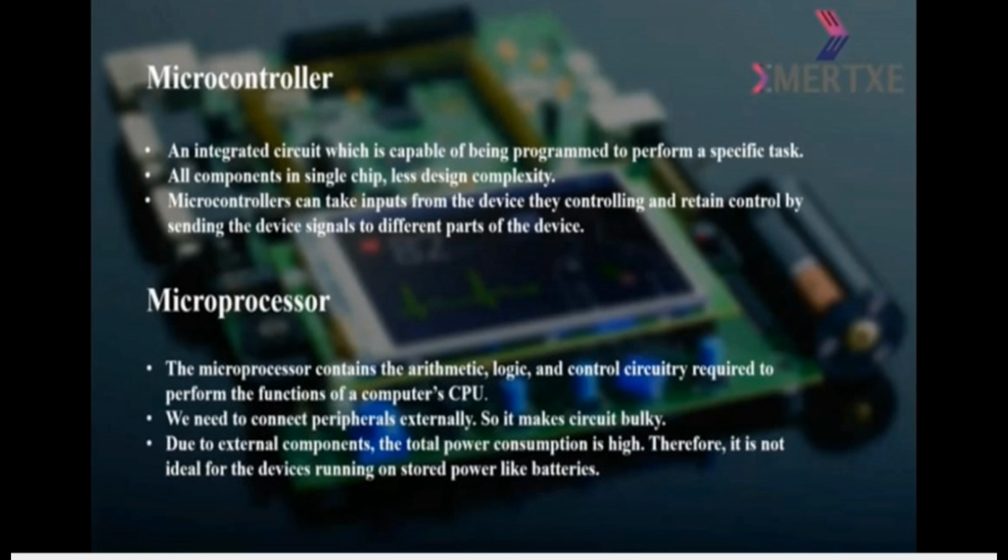All components are in a single chip, so it has less design complexity. Microprocessor: the processor contains the arithmetic, logical, and control circuitry required to perform the functions of a computer CPU. Due to external components, the total power consumption is high. Therefore, it is not ideal for devices running on stored power like batteries.